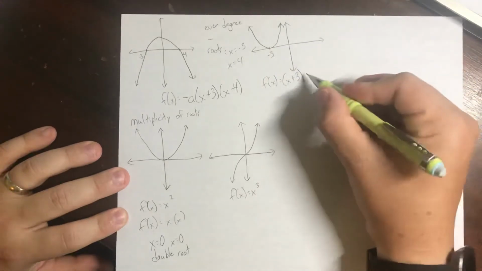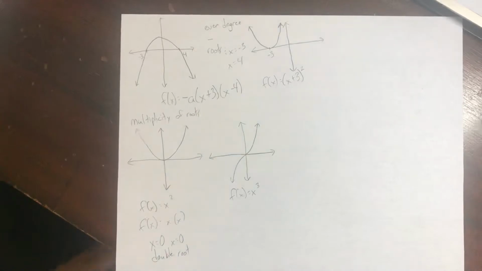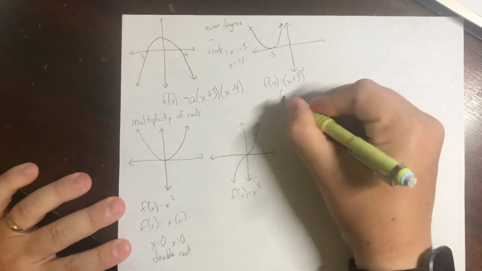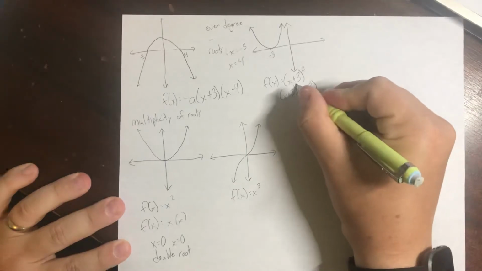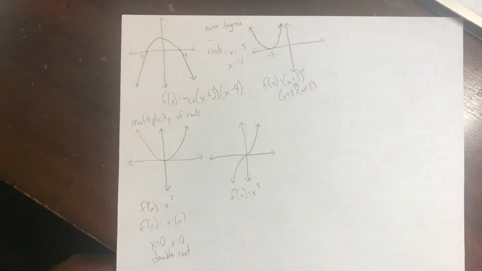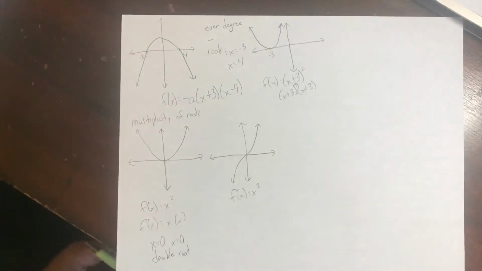And since this is a double root, it's just x plus 3 squared. Or you could say x plus 3 times x plus 3, which would simplify into x plus 3 squared. So all we need to think about whenever we're thinking about these roots is that it comes down and touches our x-axis and continues up.